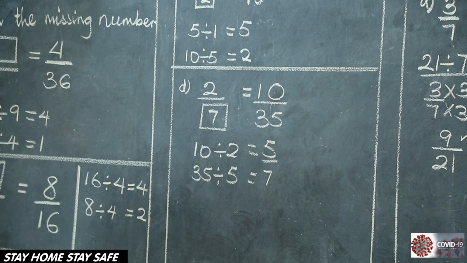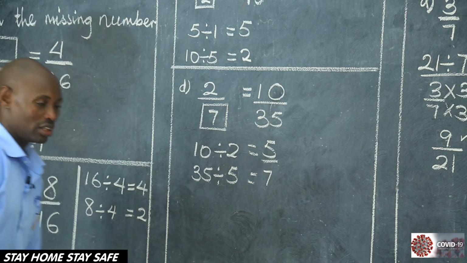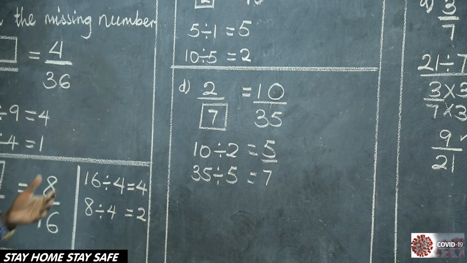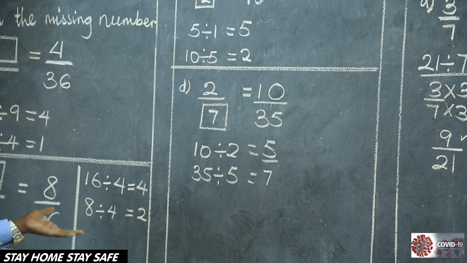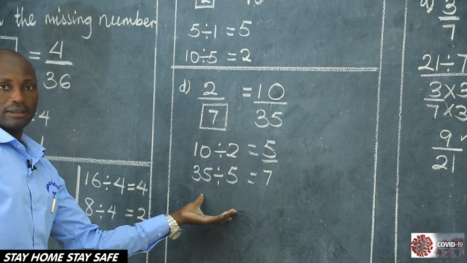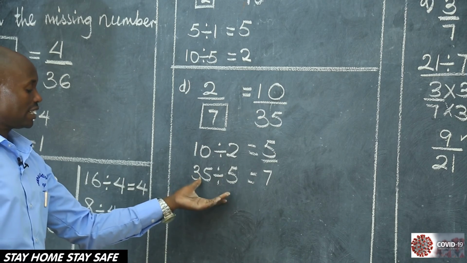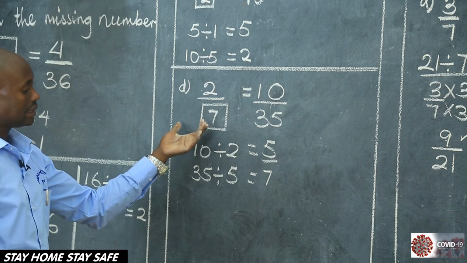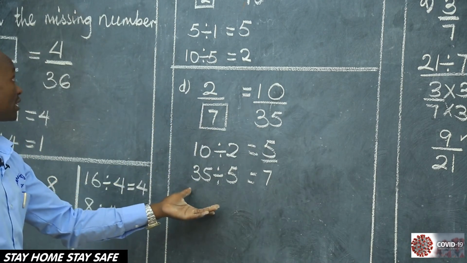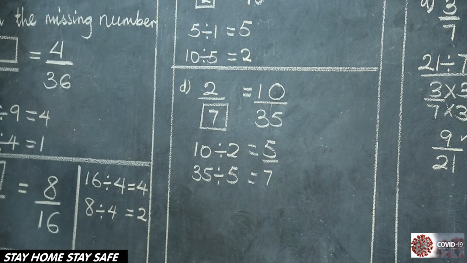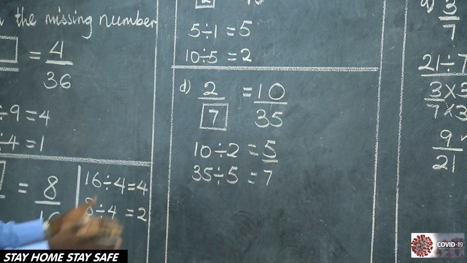I hope you have observed what to do. The only difference between this and the previous lesson is that here we divide throughout. You divide throughout to get the missing number, and then after doing that, do what we call filling in, because they have told you to fill in.